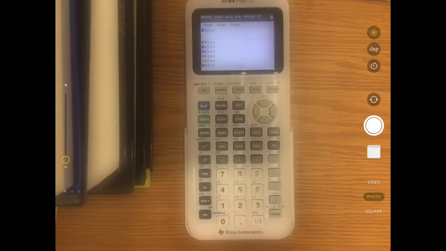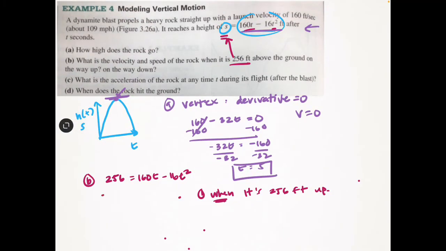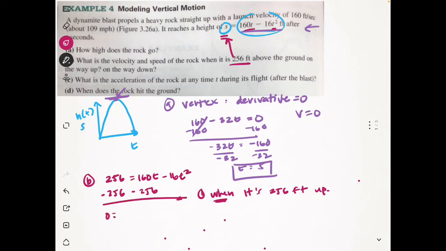Let's just subtract 256. So this is going to look like 0 equals, I like to put it in order, negative 16t squared plus 160t minus 256.